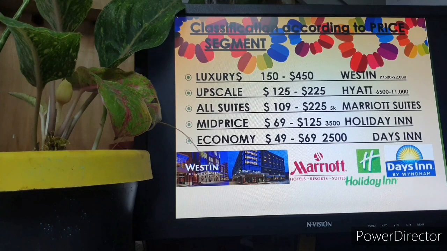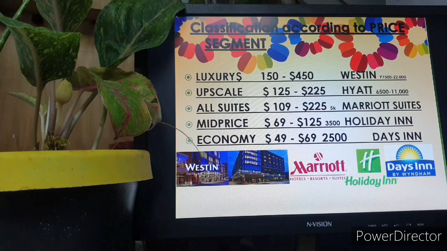Next in line, the All Suites. The best example for this is the Marriott Suites. It's an American multinational diversified hospitality company that manages and franchises a broad portfolio of hotels, founded by J.W. Marriott.